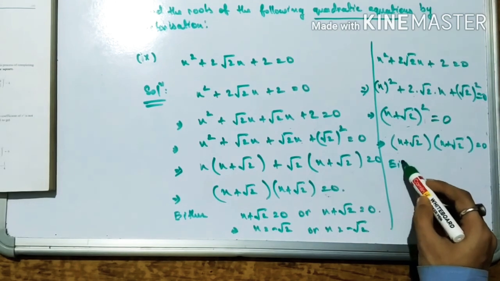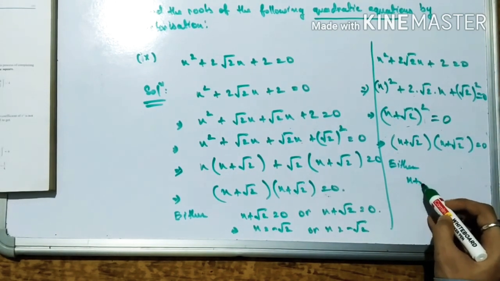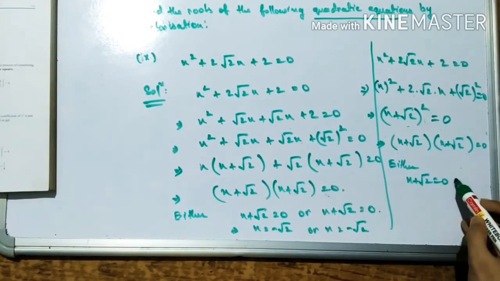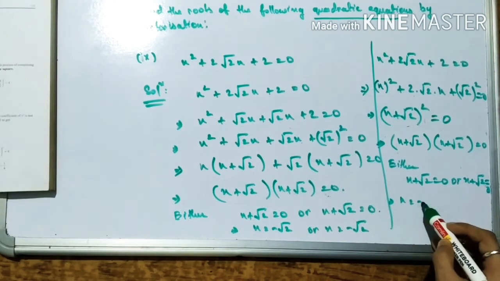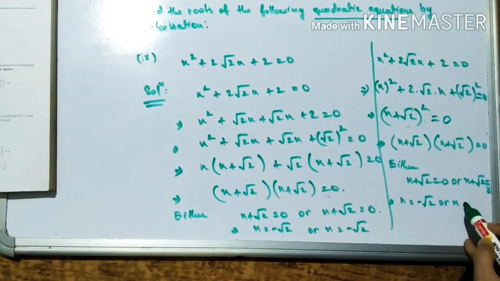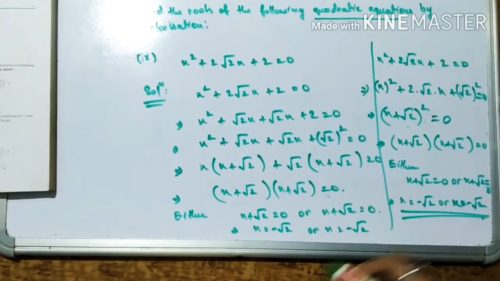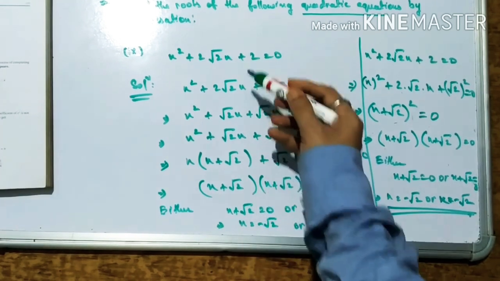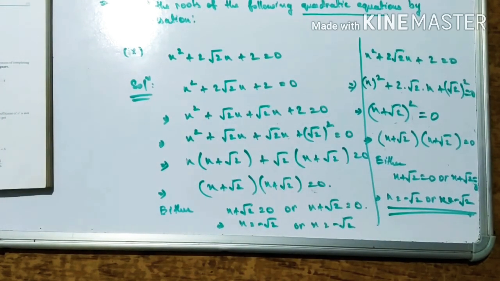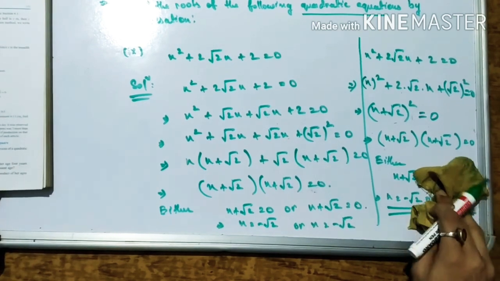Now I can say that either x plus root 2 is equals to 0, or again x plus root 2 is equals to 0. So therefore x is equals to minus root 2 or x is equals to minus root 2. In this way also you can do it. Okay, again next one you see.